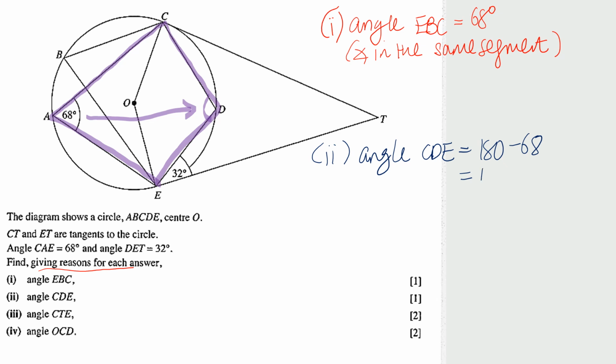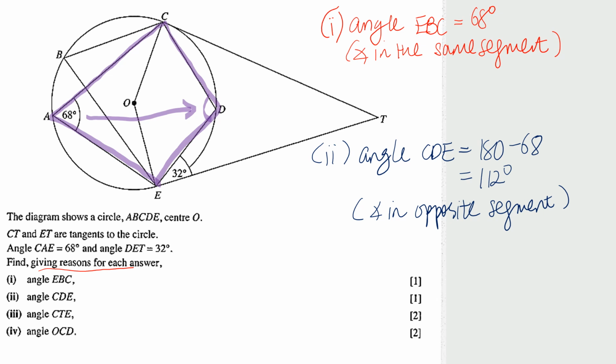That gives you 112 degrees. All right, and the reason is angles in opposite segments add up to 180 degrees. Okay, so that's part 2.